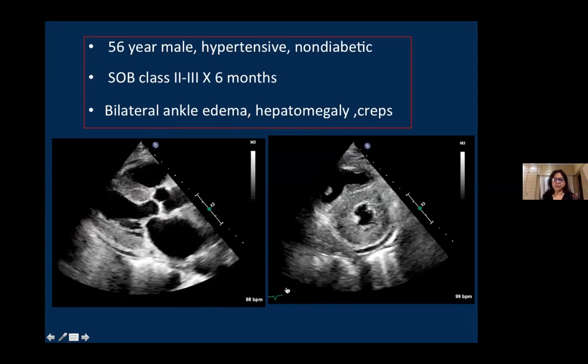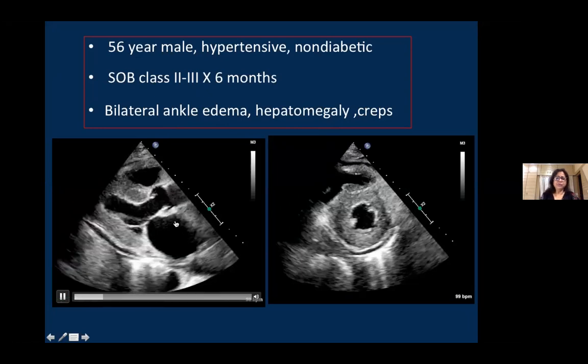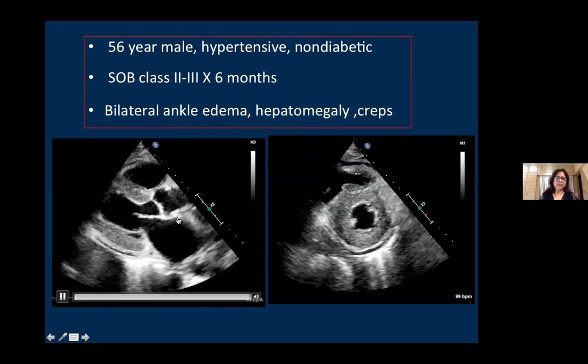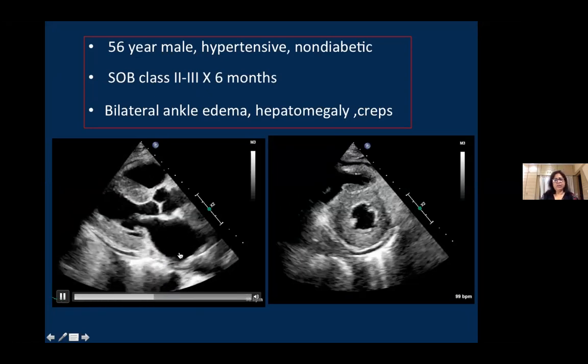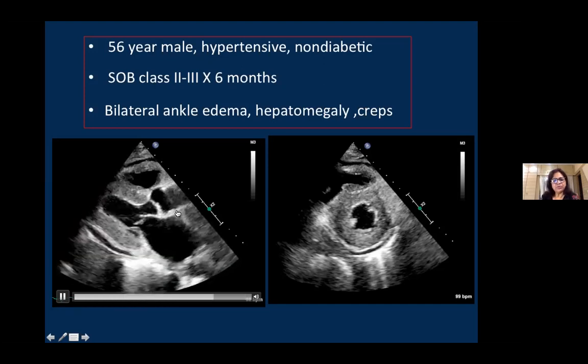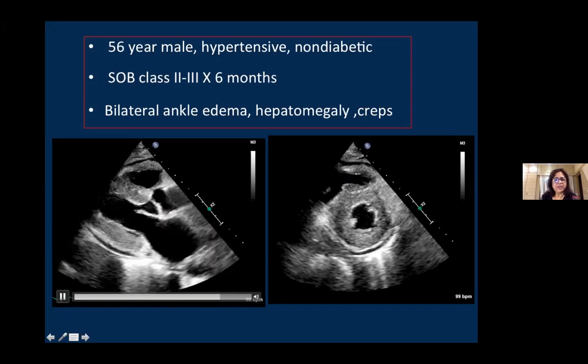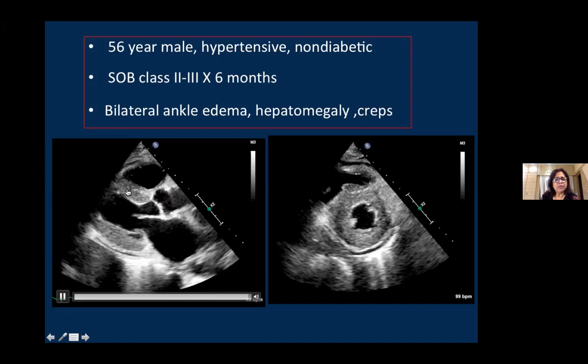Now this is the parasternal long axis view. You see the left atrium is enlarged. Even if you measure the anteroposterior diameter, it will be enlarged, and we need to measure the LA volume index also, and look at the myocardium.